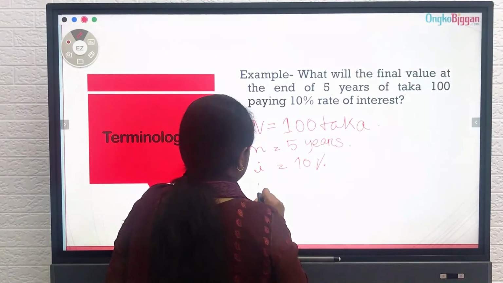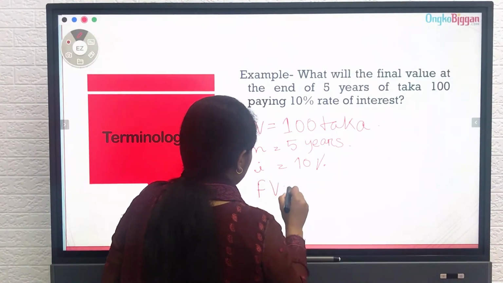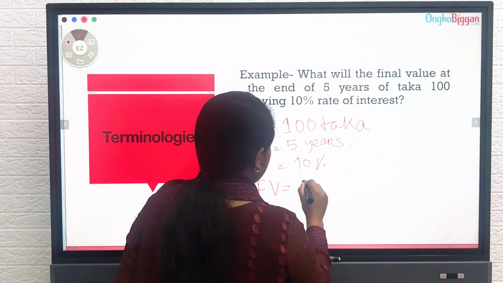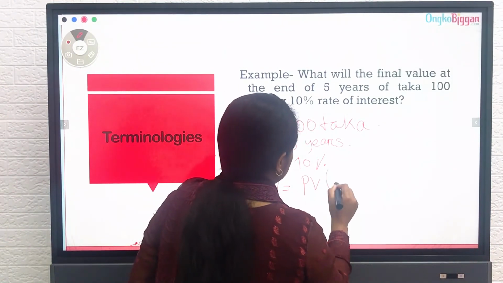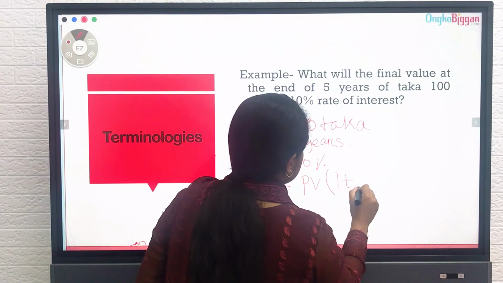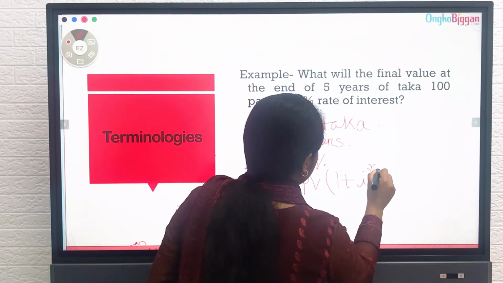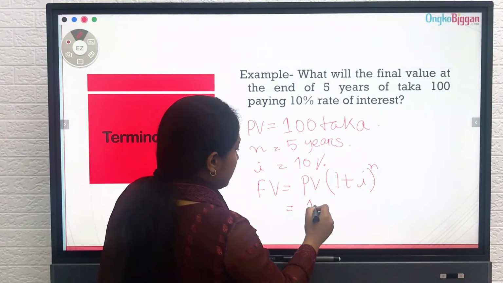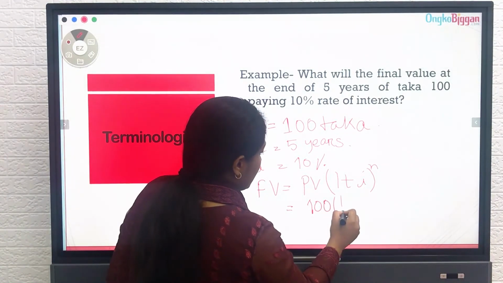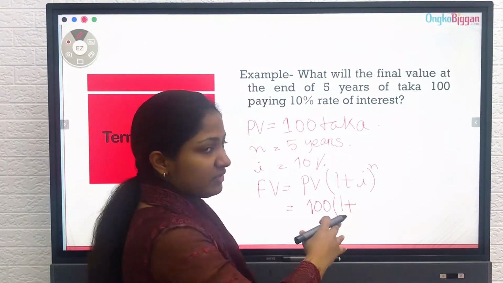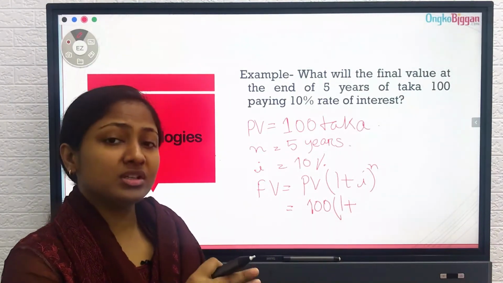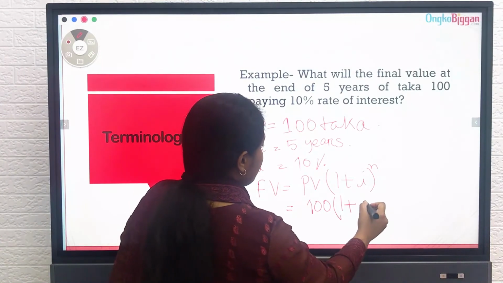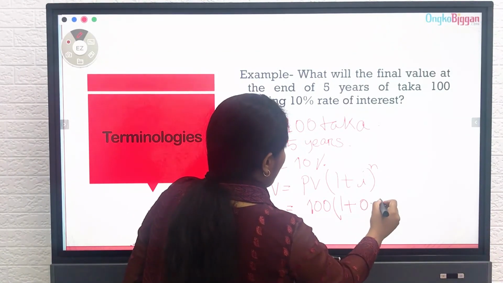Now we can easily find out the future value, and the formula of the future value is present value times 1 plus I to the power n. So what is our present value? 100 taka. The 1 plus is always constant. This is not going to change. What is our interest rate? 10%, which is 0.1.